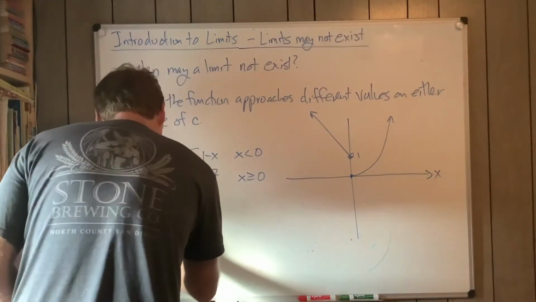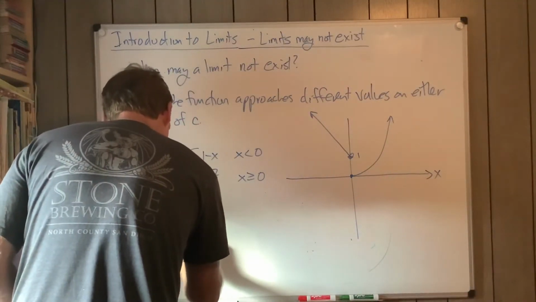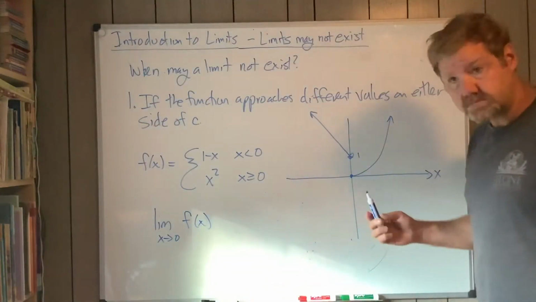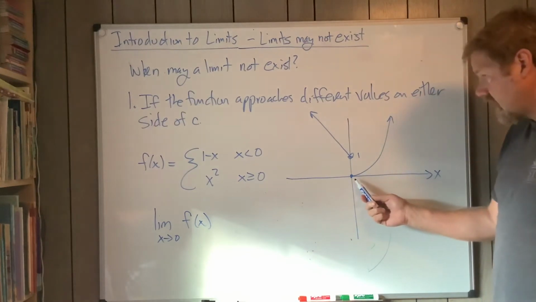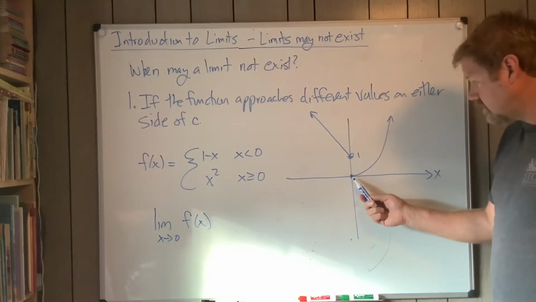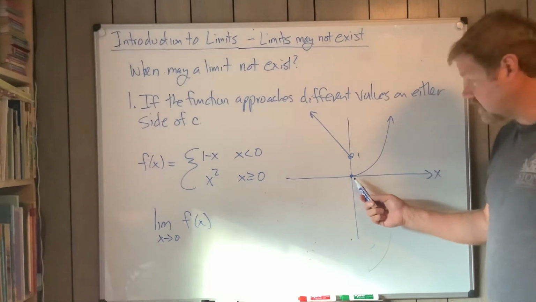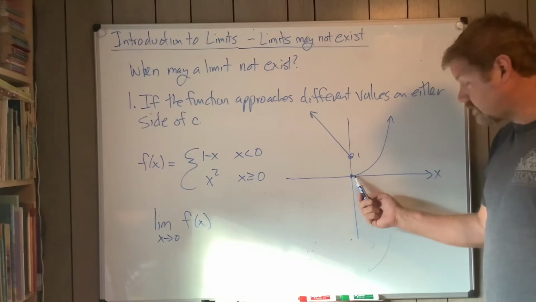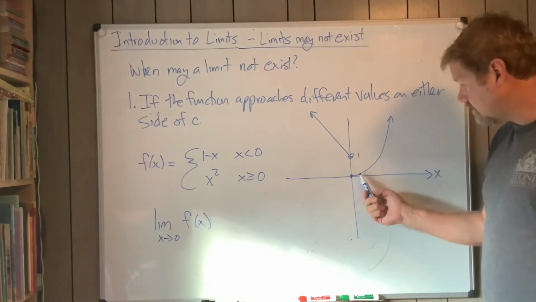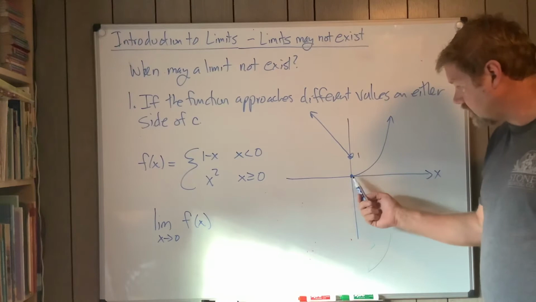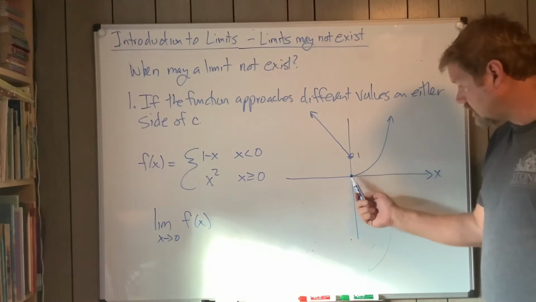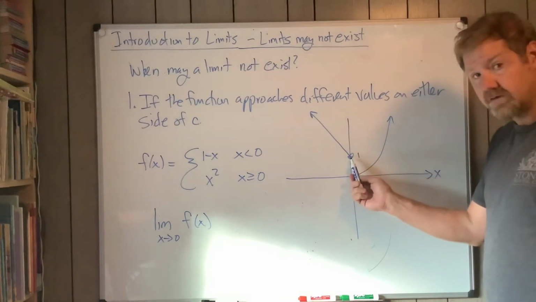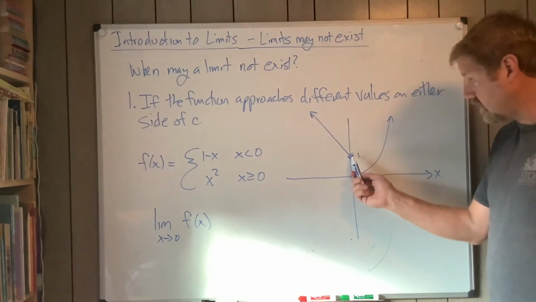So what I'm looking at with this is right at 0, what I want to know is what's happening to the function. Well, it looks like if I'm just to the right side of 0, the function is becoming 0, right? It's like x squared. However, on the left side of 0, the function is the line, which is getting closer and closer to 1.